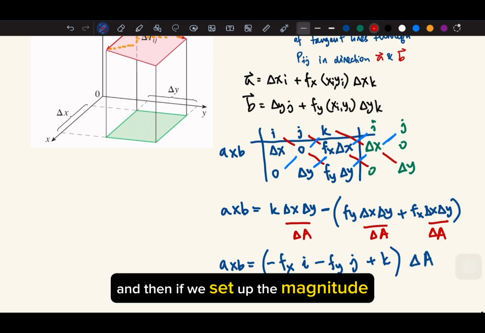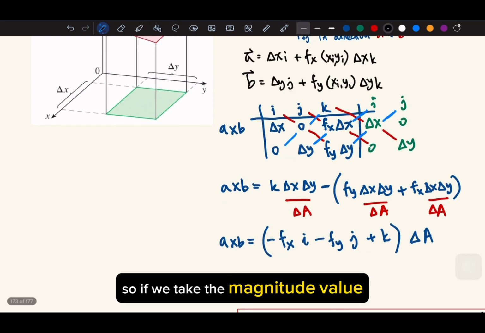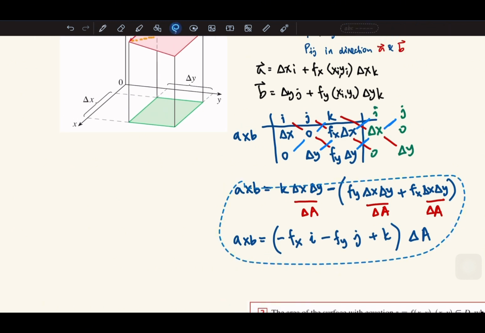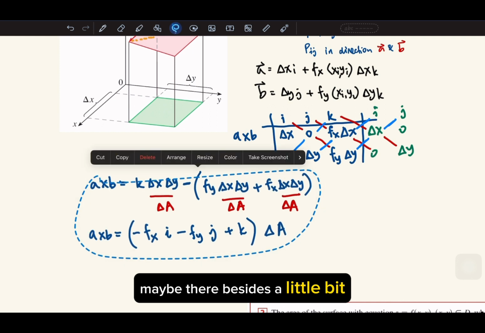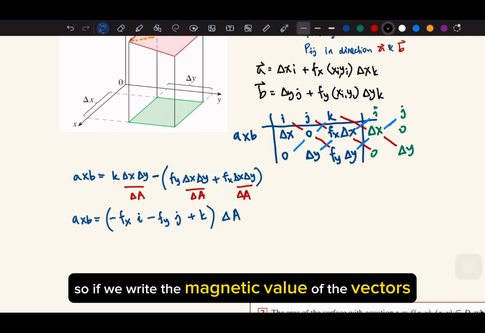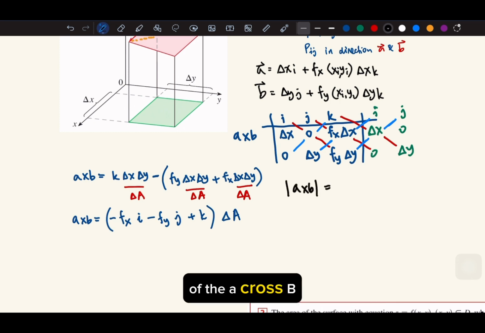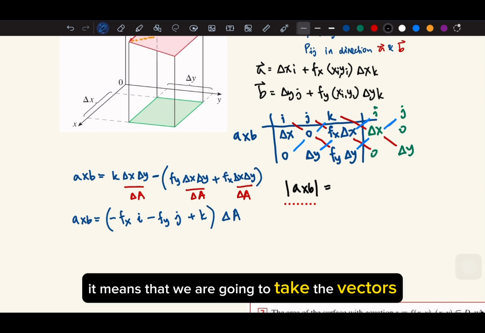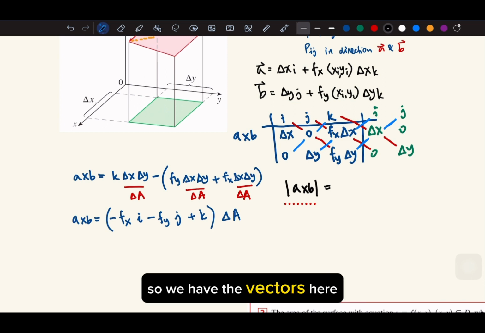And then if we take the magnitude value, so let me write this, maybe resize a little bit. If we write the magnitude value of the vectors of the A cross B, it means that we are going to take the vectors. So we have the vectors here.